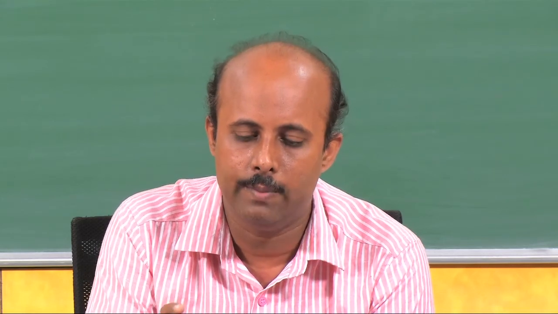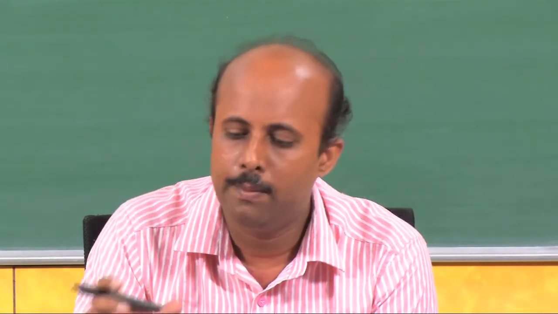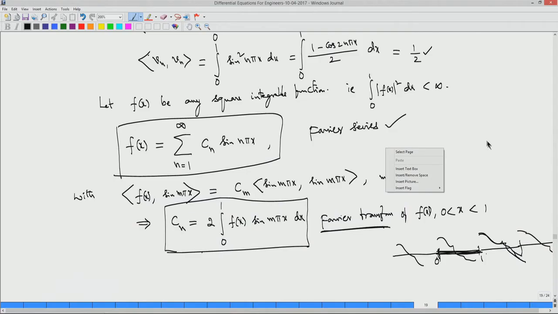e power x is given between 0 to 1 as a signal which is periodically repeated. It is not e power x everywhere, only between 0 to 1. Then 1 to 2 is also repeated, the same e power x. So whatever profile you have between 0 to 1, e power 0 is 1, e power 1 is like this, something like this it will be, and the same piece will be repeated at every 1, 2, like that.